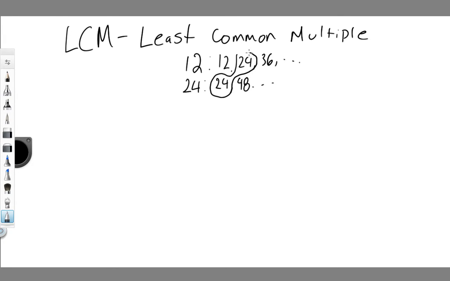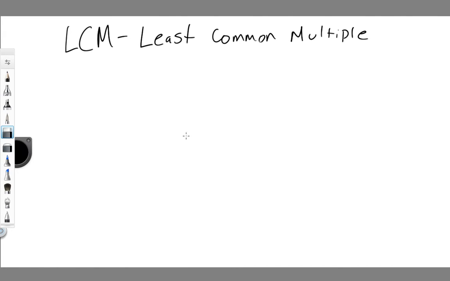So this is the LCM for 12 and 24, which is actually 24. However, what happens when you get really big numbers, or two numbers where it takes a really long time for the LCM to show up in the list? You might be listing 15 or 20 numbers before that actually happens.